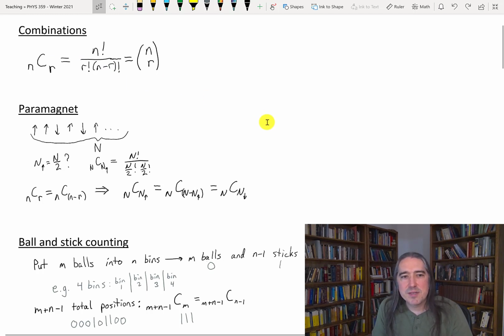As an example that comes up a lot in physics, you can think of a paramagnet, or really any spin system, but we'll talk about a paramagnet because it's a simple case. In a paramagnet, you have atomic spins that want to align with an applied magnetic field. Depending on the material, let's say this is a paramagnet where they want to align with the field.